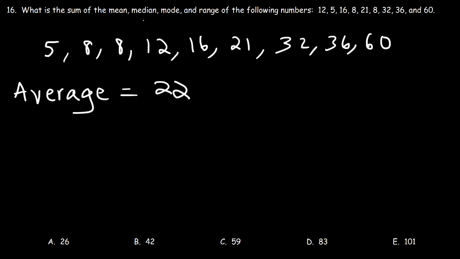Now what is the median? The median is simply the middle number. So let's get rid of the first and the last numbers, and then the next two, and let's work our way towards the center. So the one in the middle is the median.